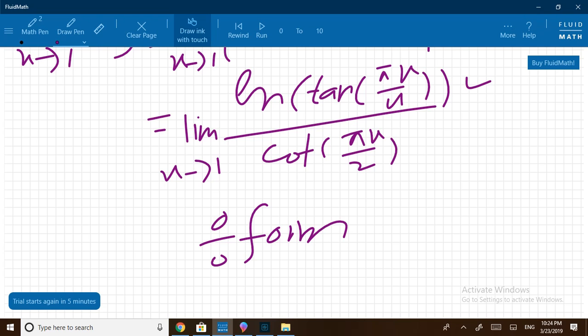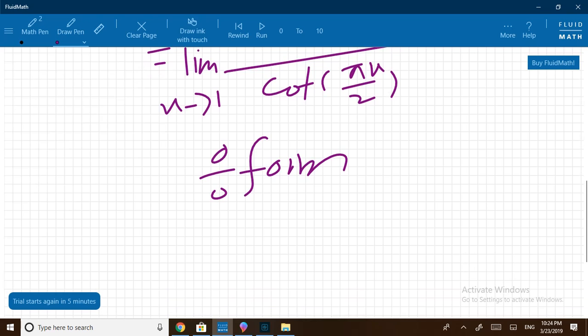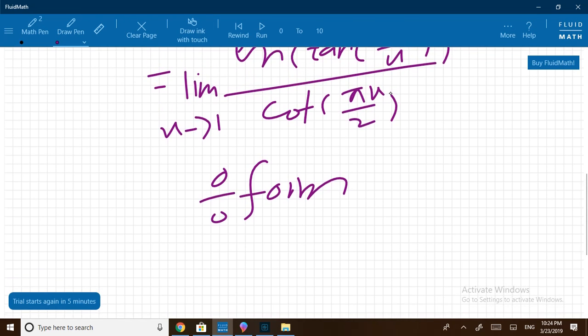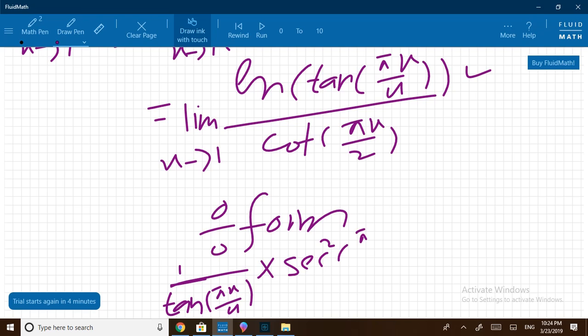It will be 1 over tan(πx/4) multiplied by the derivative of tan, which is secant square(πx/4), and the derivative of πx/4 is π/4.